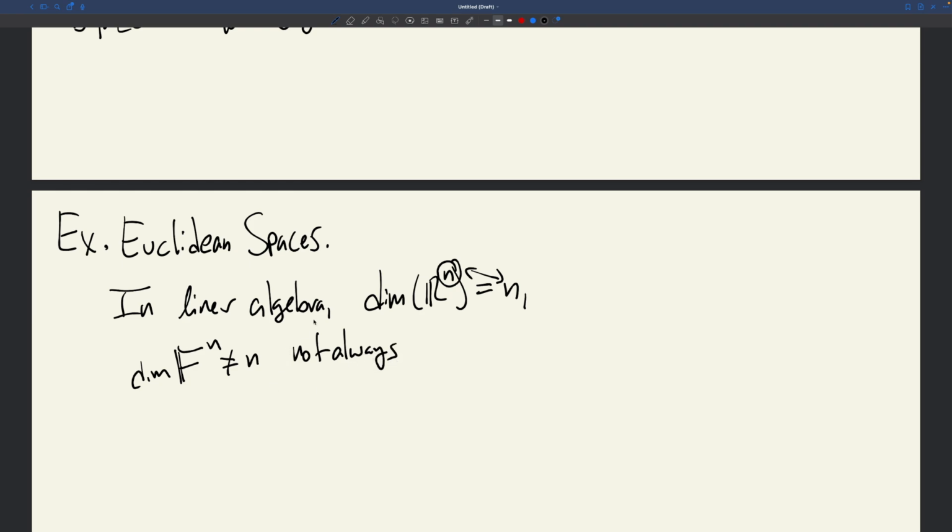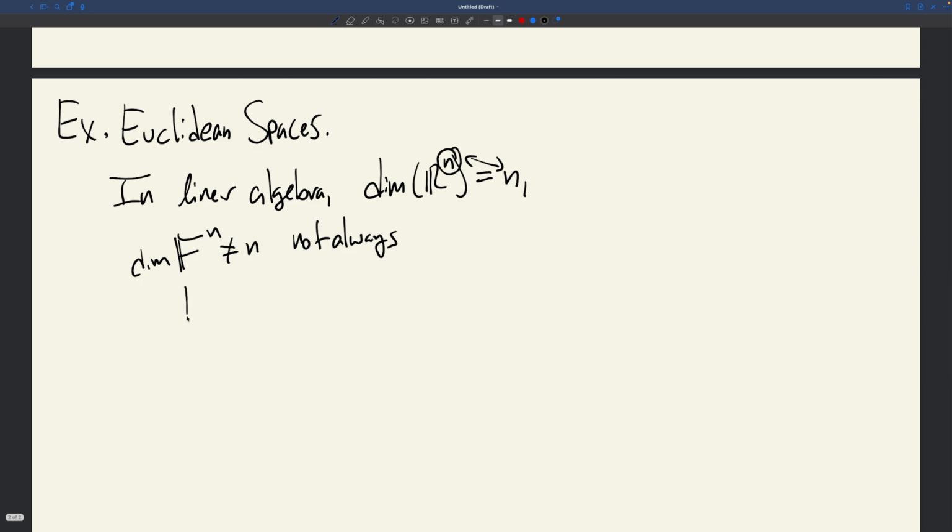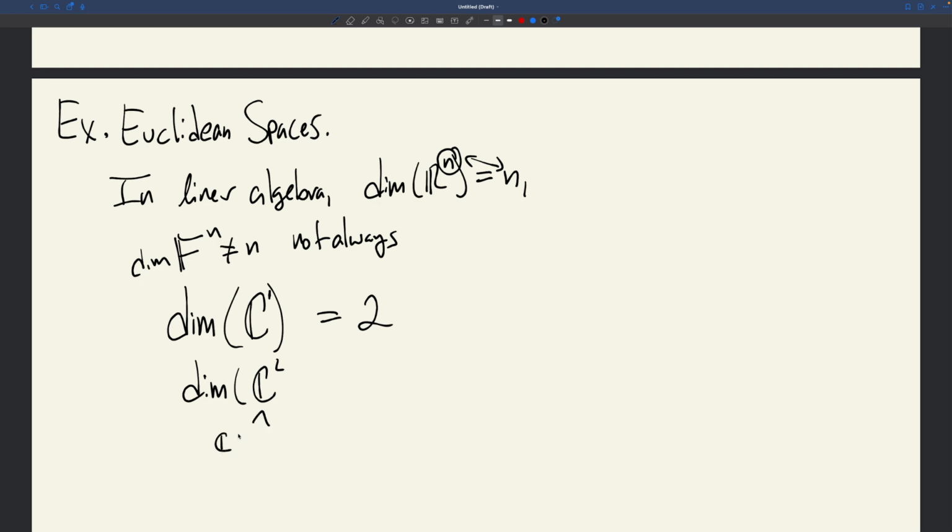A more concrete example is the dimension of just plain C, or C to the 1 if you really want. C is in fact dimension 2. The dimension of C2, which we know is just C cross C, is actually equal to 4. If you continue down the list, it keeps going by 6, 8, and so forth. So we're obviously doing 2s.